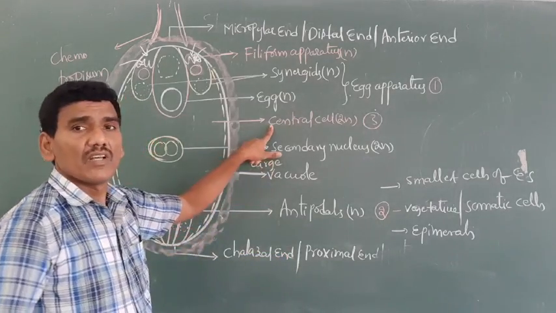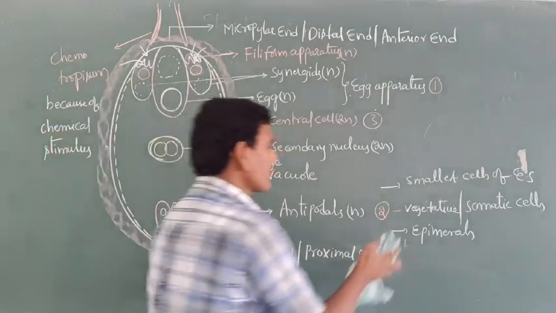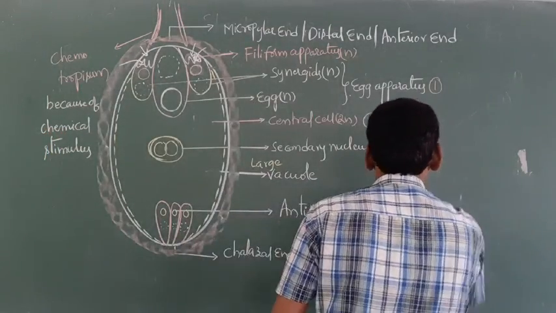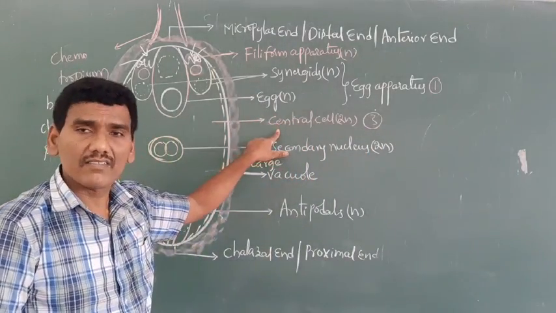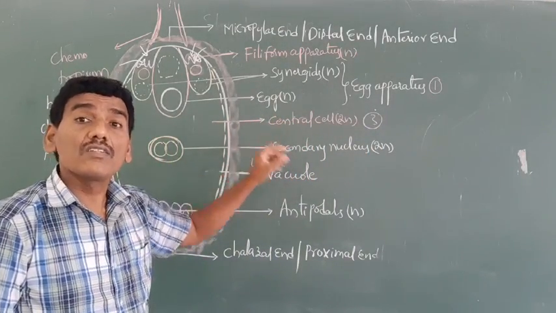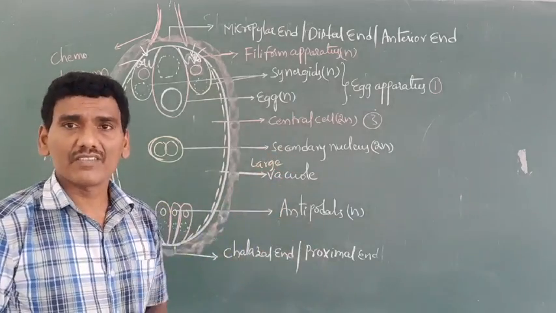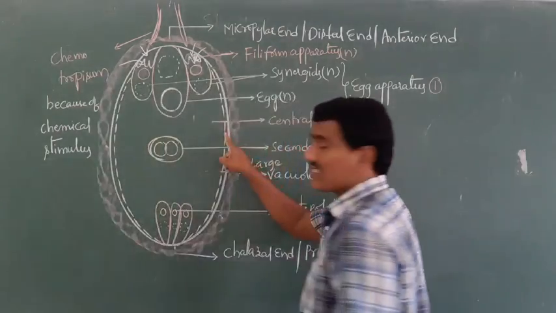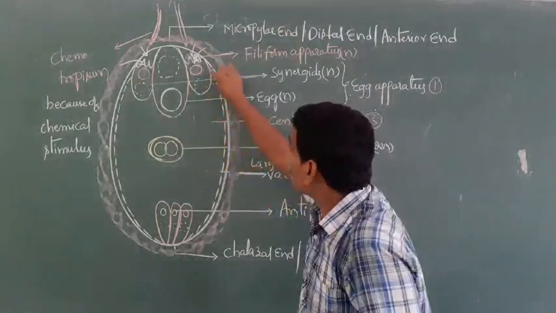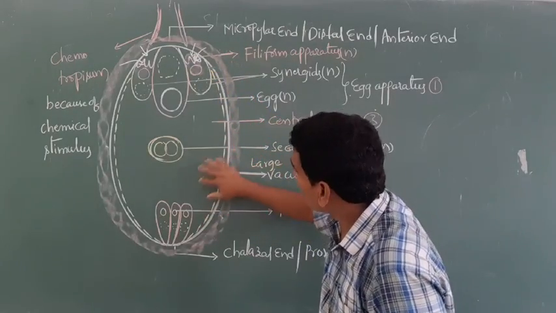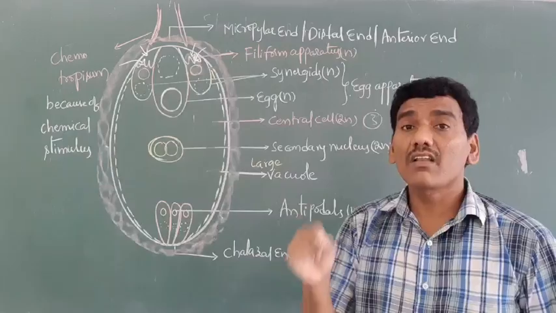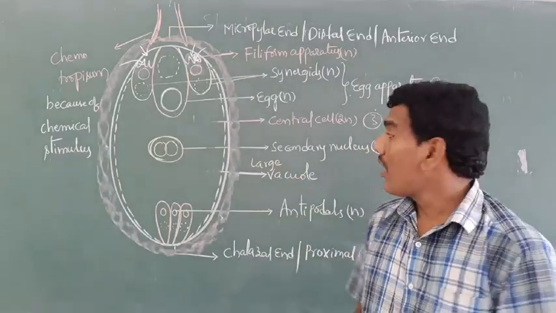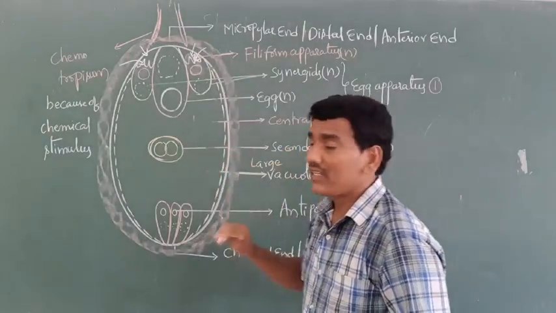Next, the third one is the central cell. It is the largest cell of the embryo sac, which has a large central vacuole and two polar nuclei.